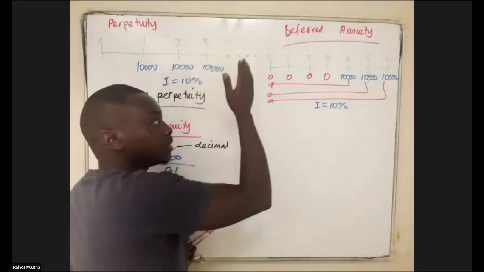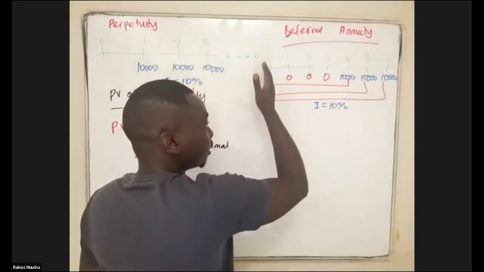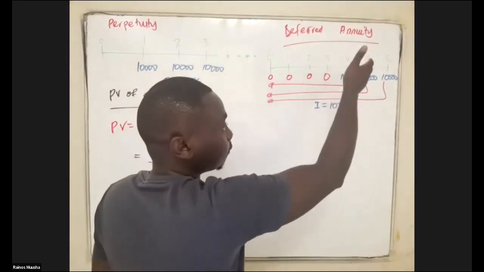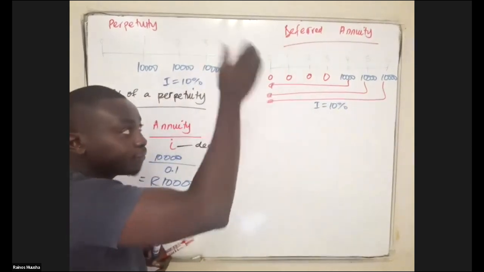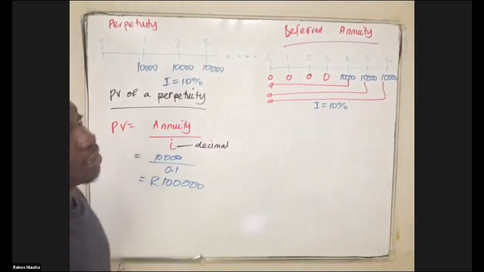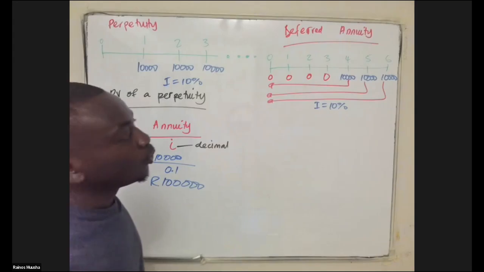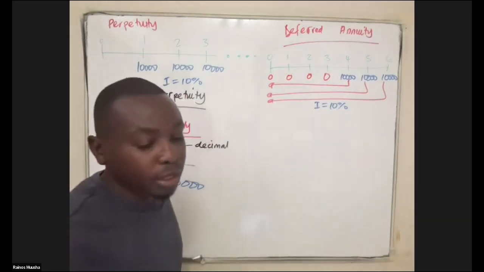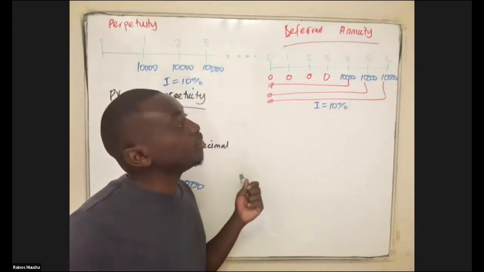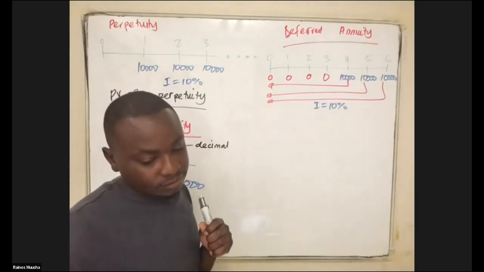There is no cash flow stated for periods 0, 1, 2, 3, but for years 4, 5, and 6, the cash flows are given. So if you're ever asked to find the present value of a deferred annuity, you can use the net present value method to calculate it.